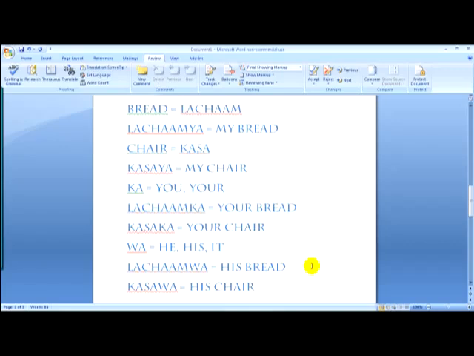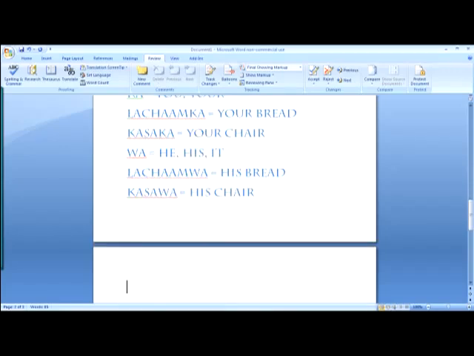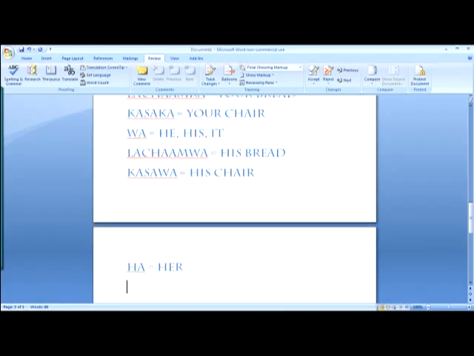Now the next letter we're going to deal with is the letter ha. Whenever you see the letter ha at the end of a word, it means her. What it does is make a word feminine. Now I'm going to give you an example.